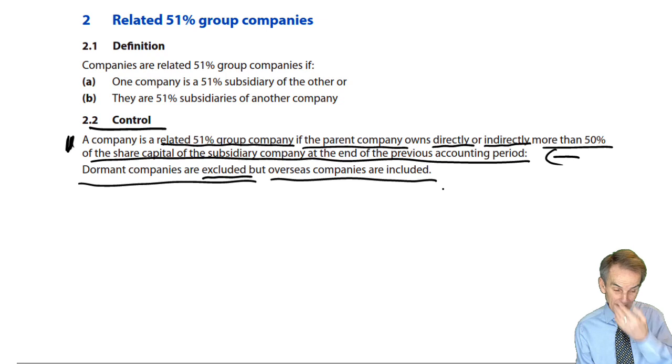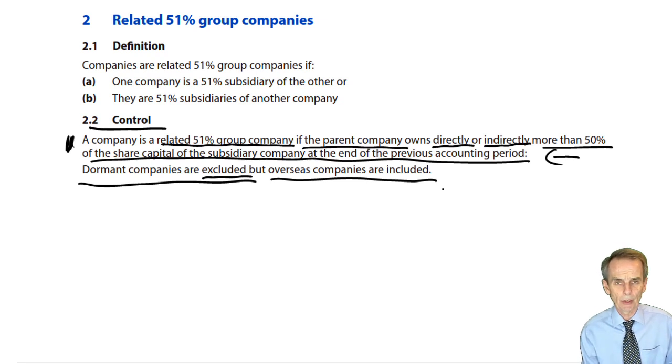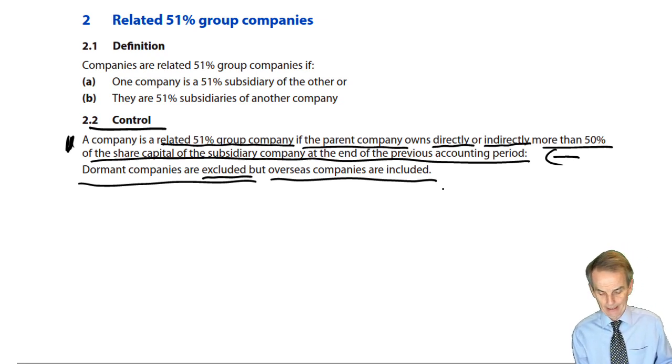But overseas companies are included. Now that's an odd one. If it's an overseas company, i.e. it is non-UK resident, as a non-UK resident company, it's not going to have a UK corporate tax computation. Its profits are not going to be subjected to UK tax. Not so far as our syllabus and our rules are concerned anyway here.